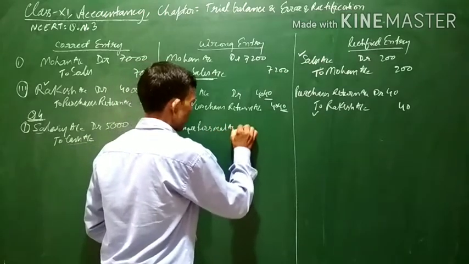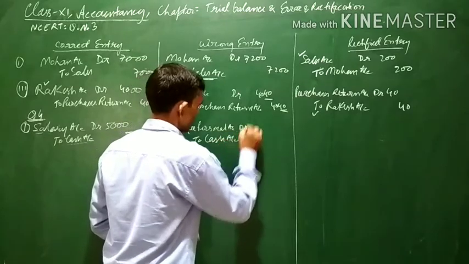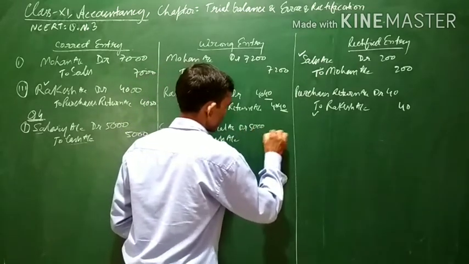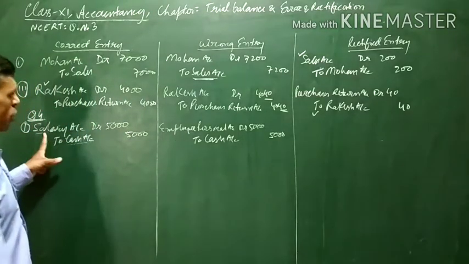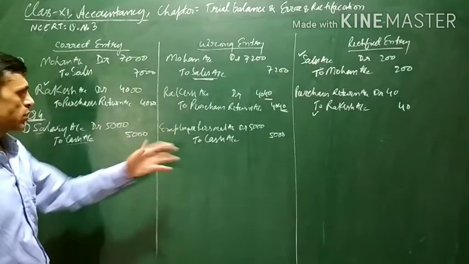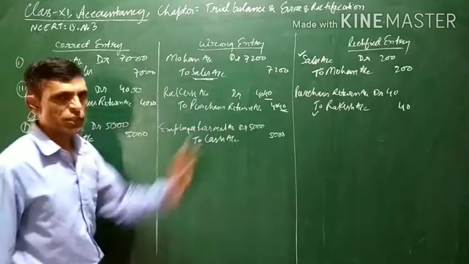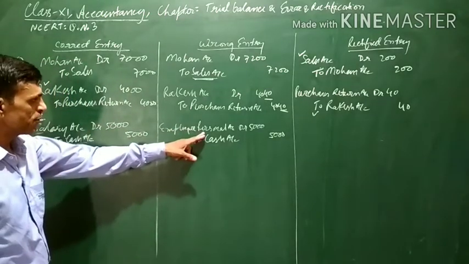Employee's personal account debit to cash. This is the wrong entry. Suppose Ram has got the salary, so Ram's account has been wrongly debited. Instead of salary account, the employee's personal account has been debited.